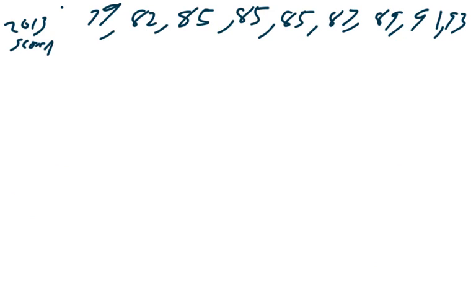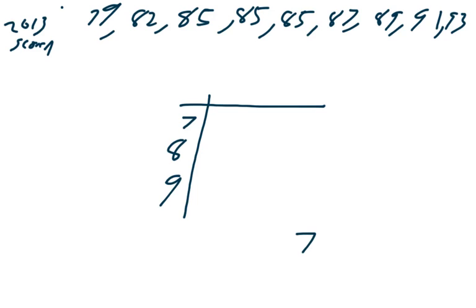Alright, now we're going to make a stem plot. And these were the final scores from 2013. And so basically, I have a key that I'm going to write down where 7-9 equals 79.